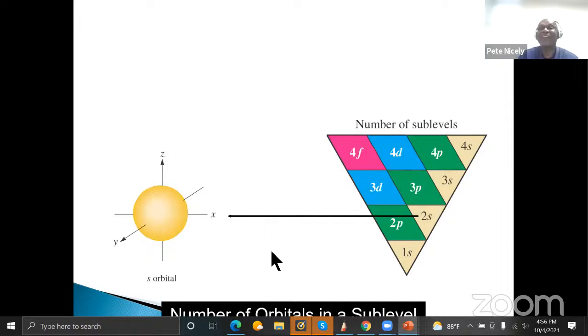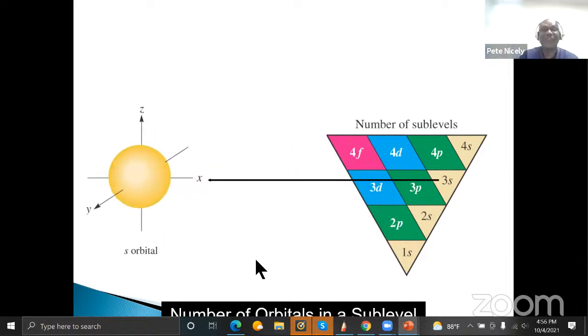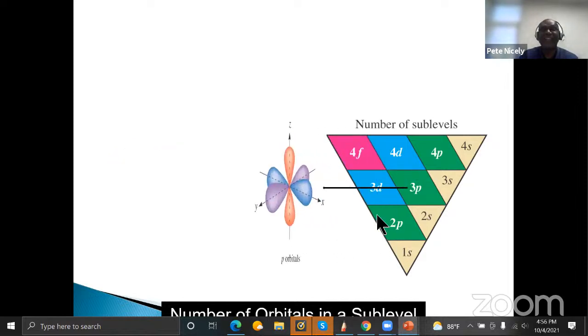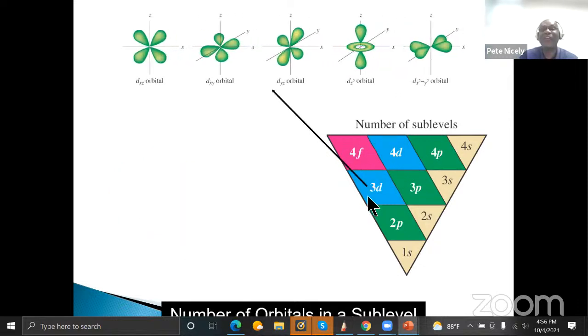But you also have, in addition, the 2p sublevel, which contains the 2p orbitals, which we discussed earlier. Then we get to the third energy level, or third shell. You have your 3s orbital, which is spherical. You have your 3p orbitals, which are as we saw before. And then you have your 3d orbitals, or 3d subshell, which contains the d orbitals, which we talked about earlier, all right?